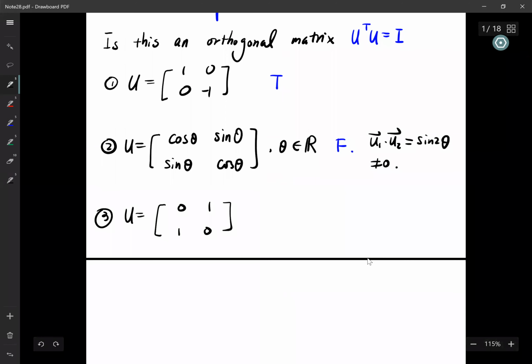So this is not necessarily an orthogonal matrix unless this theta is 0, for example, or pi over 2. Third one, 0, 1, 1, 0.